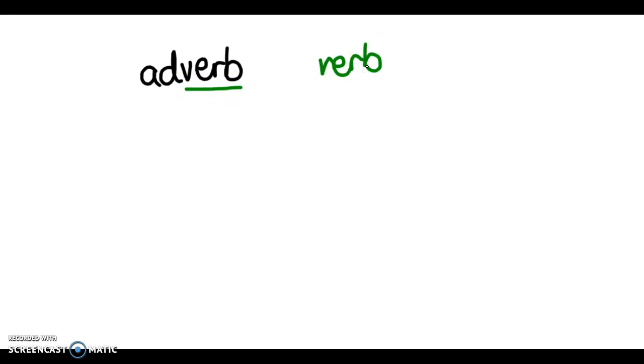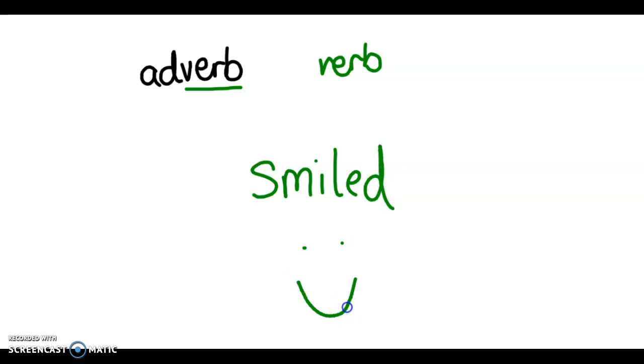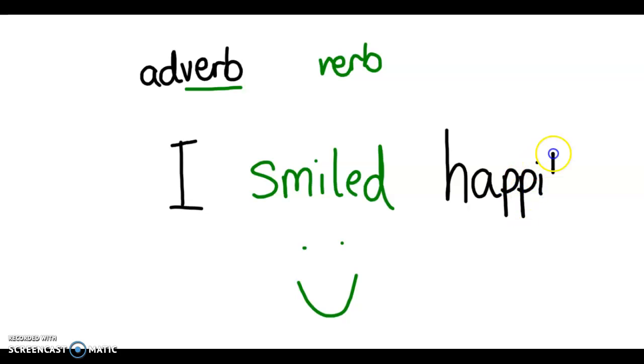Now, when I say that, what I mean is when we use a verb, for example, if I smiled, we want to know how I smiled, which is what the adverb is. So I smiled happily. So again, I'm telling somebody how I do something.